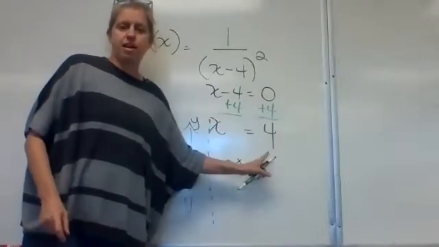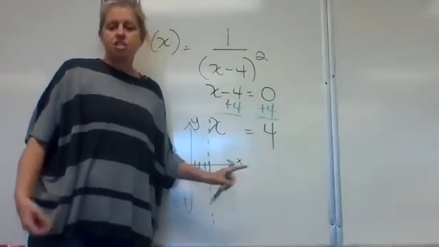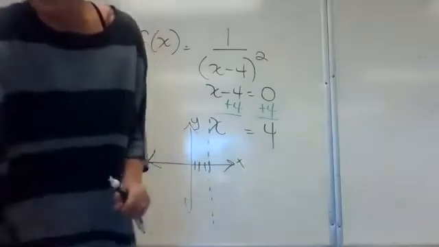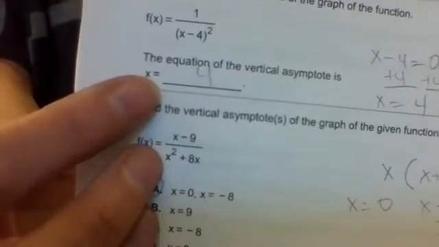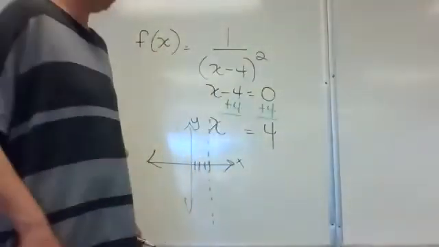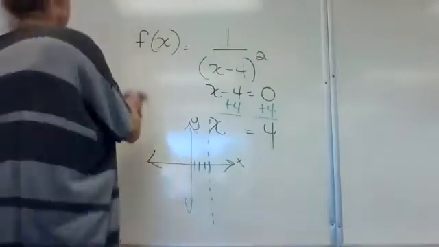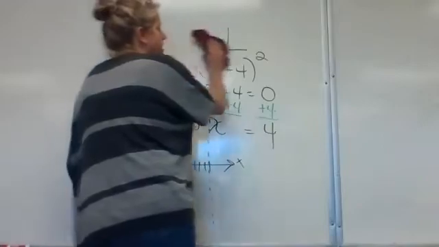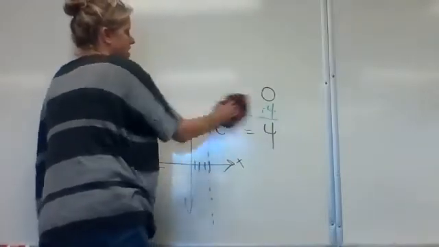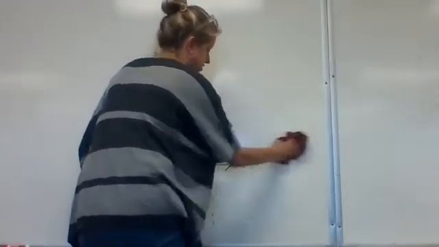Number 5 already has the x equals there for you, so you would just need to put in that 4. So that's how you find the vertical asymptote, by setting the factors in the denominator equal to 0 and solving them for x.